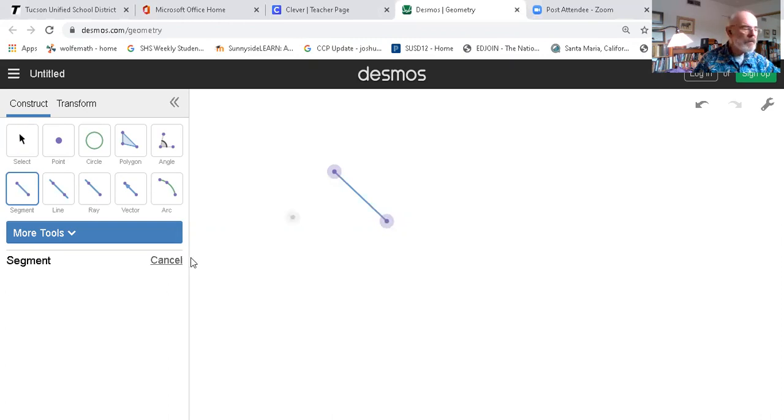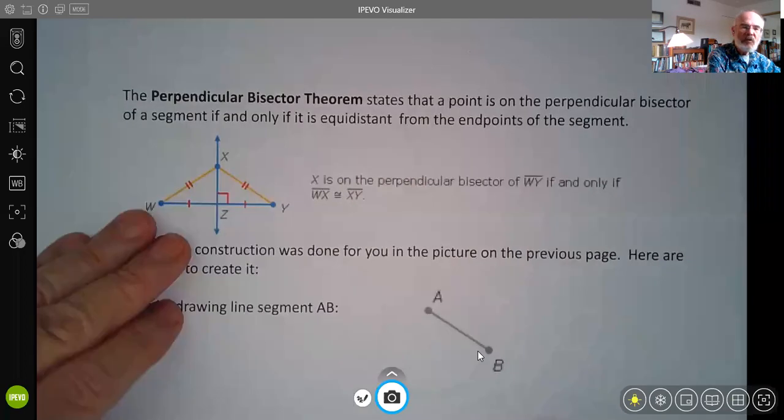All right, so then the next thing I'm going to do, let me stop the share moment and go back to my DocuCam. And now I've created this line segment on Desmos.